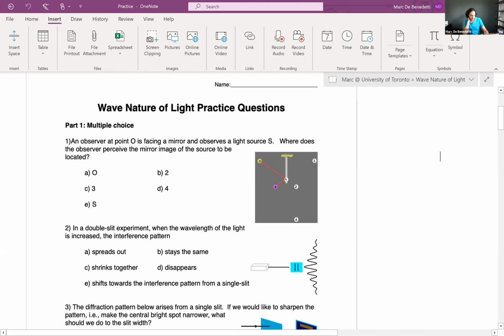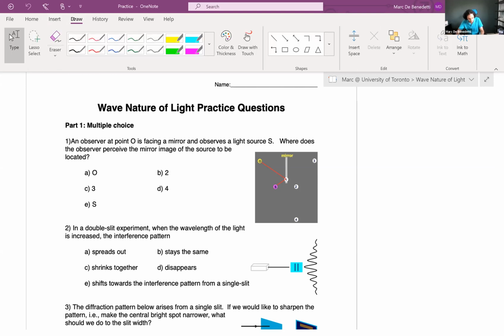Here, let's just go through them. So question one, an observer is standing at point O. So point O would be here, and is facing a mirror and observes a light source S. So I guess there's a candle or something like that, located here at point S. Where, at positions 1, 2, 3, or 4, does the observer O perceive the image of the source in the diagram?